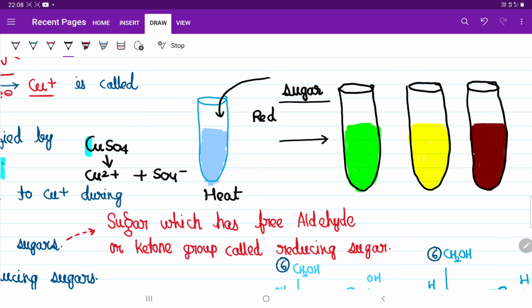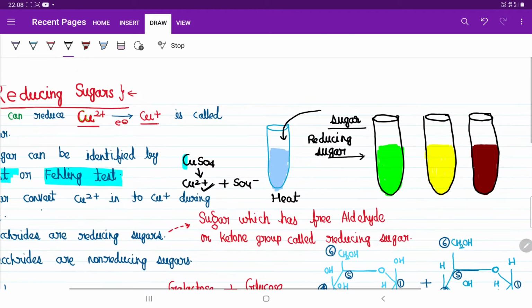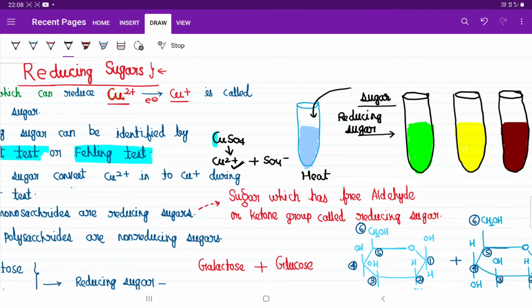Why does the color change? Actually this reducing sugar converts the Cu2+ into Cu+ and the color of that solution changes. So this is what is called the Benedict test.